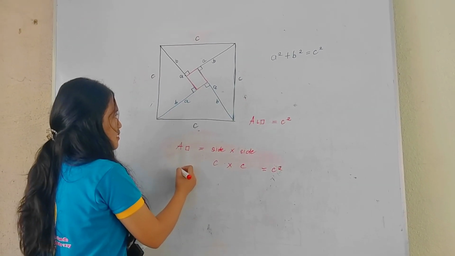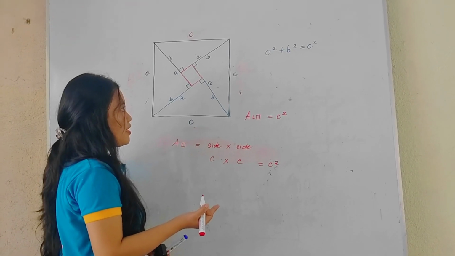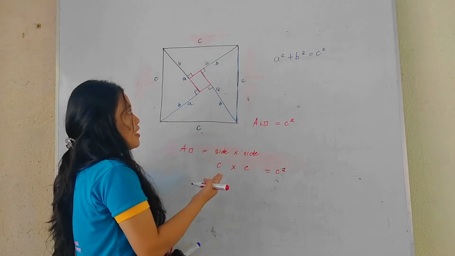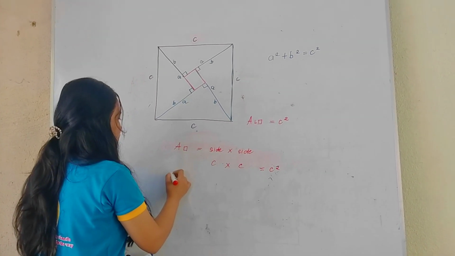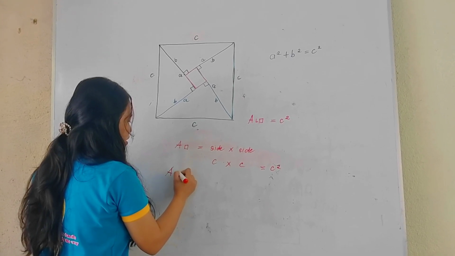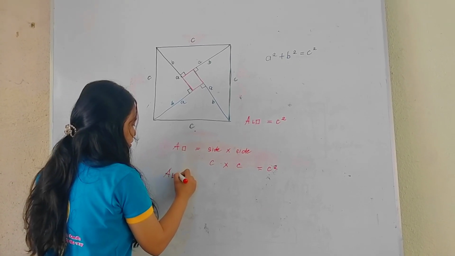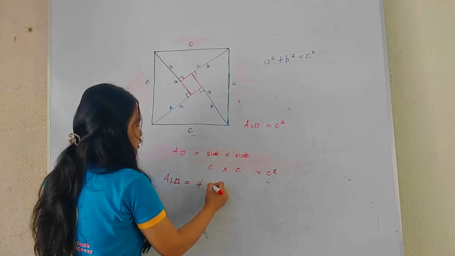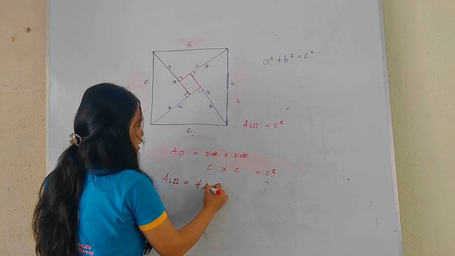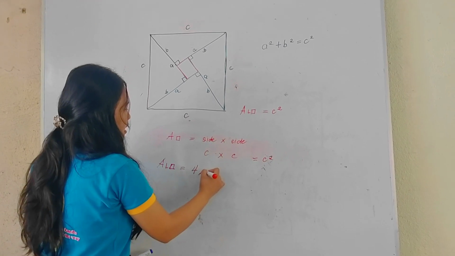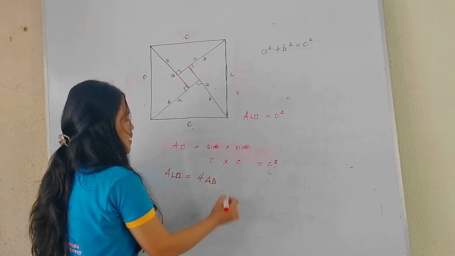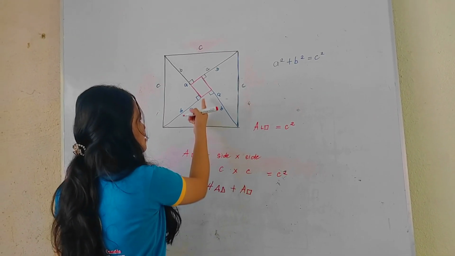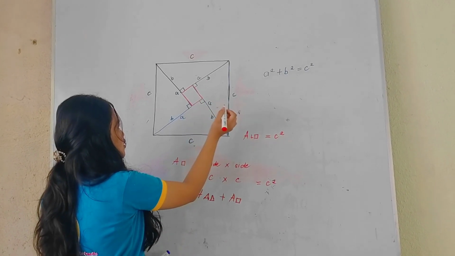To get the area of the larger square, we will add the 4 triangles and the small square inside the larger square. So the area of the larger square is equal to the area of the 4 triangles plus the area of the smaller square.